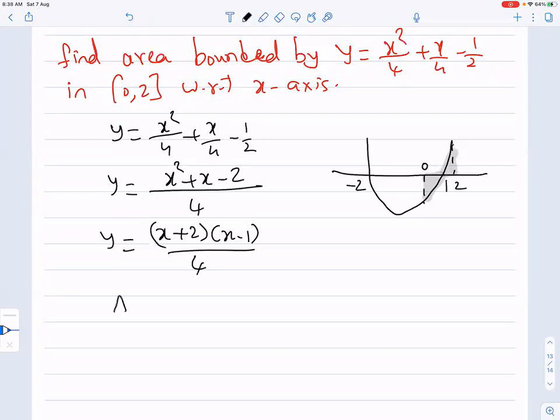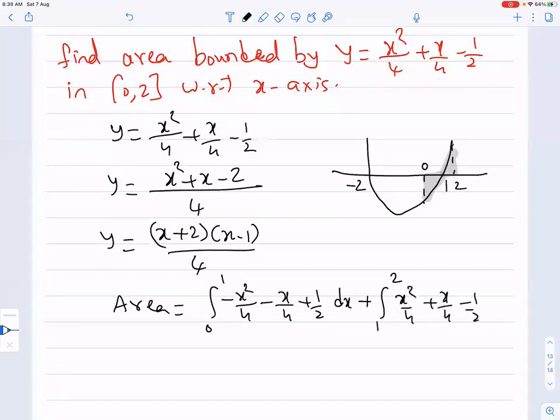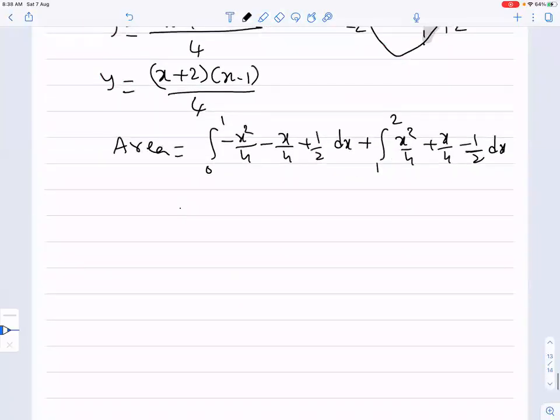So the area is, from 0 to 1, minus of f of x, that is minus x square by 4 minus x by 4 plus half dx. From 1 to 2, it is x square by 4 plus x by 4 minus half dx. Now, this is minus x cube upon 12 minus x square upon 8 plus half x, limits from 0 to 1.